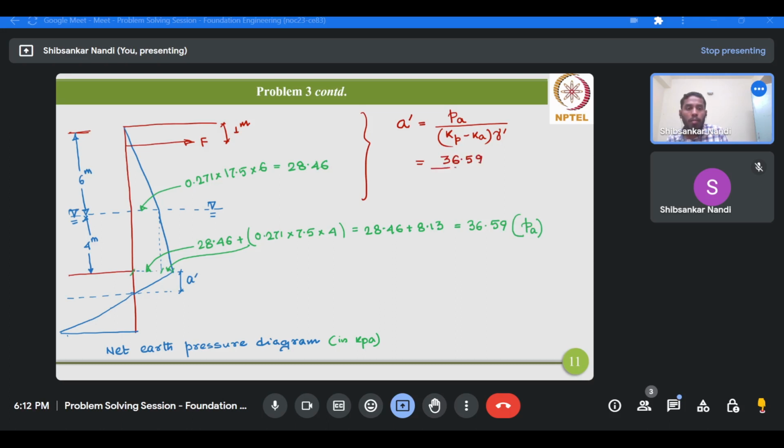So 36.59 divided by (3.69 minus 0.271) multiplied by 7.5.